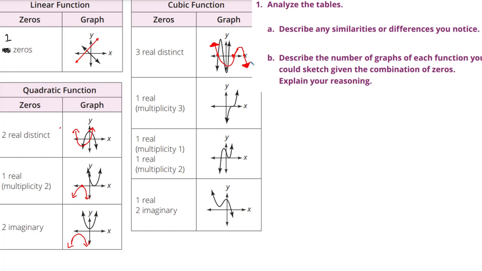The a value determines which way the right-hand side goes. So if a is negative, and this one is when a is positive. So one real zero with a multiplicity of 3 can be drawn something like this.